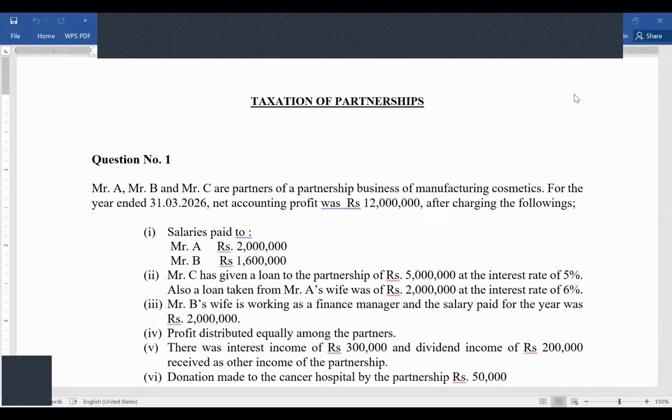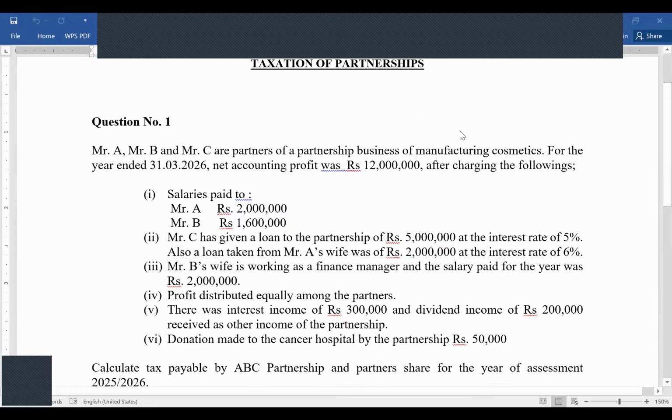So it comes into operation from the date certified by the speaker. Okay. This is the taxation of partnership.